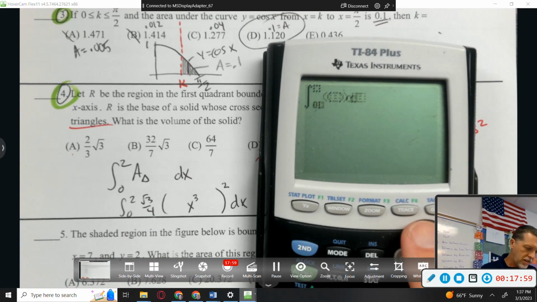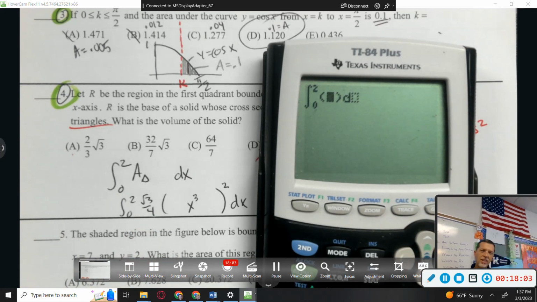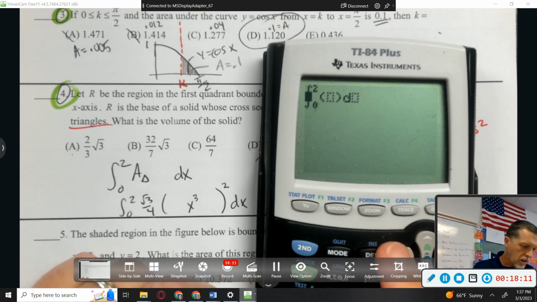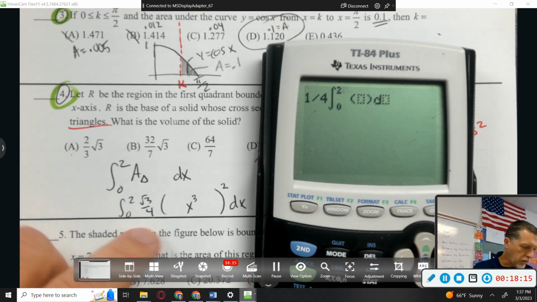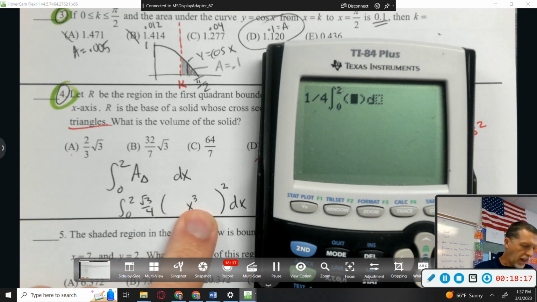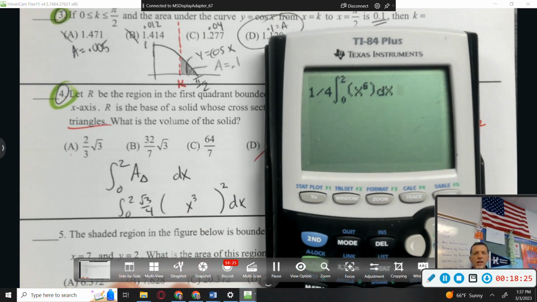Integral from 0 to 2. I could hold the square root of 3 off, and then stick it back on and see if it matches that better. So I'll hold off the square root of 3 then. And I can do x to the 6th, saving myself a little time by doing a little bit of math in my head.